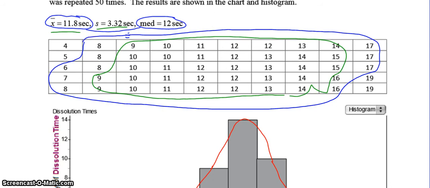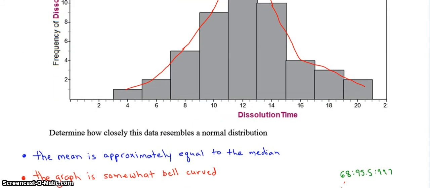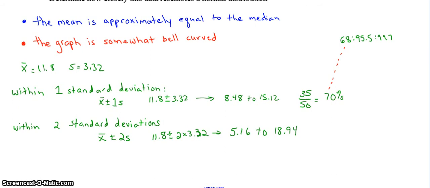And if you counted all of that data, you would get 46 pieces. So 46 divided by 50 is 92%. In a perfectly normal distribution, that percentage should be 95.5. So 92 is somewhat close.